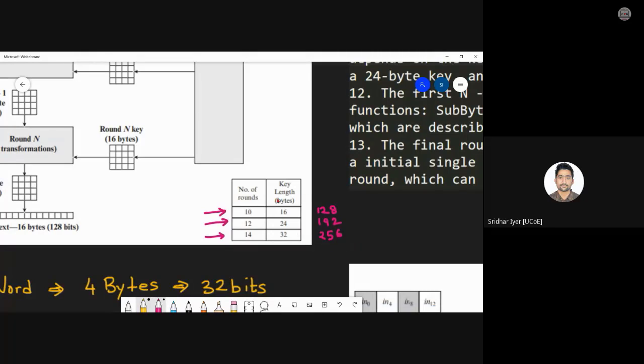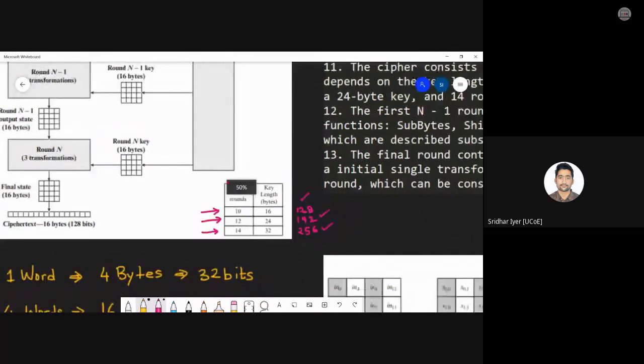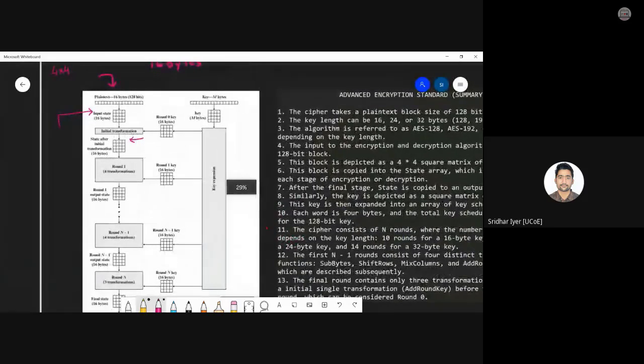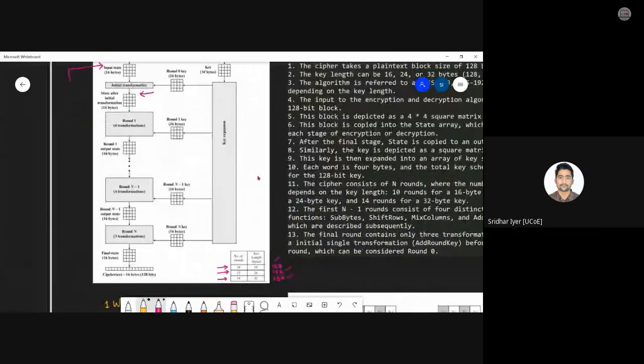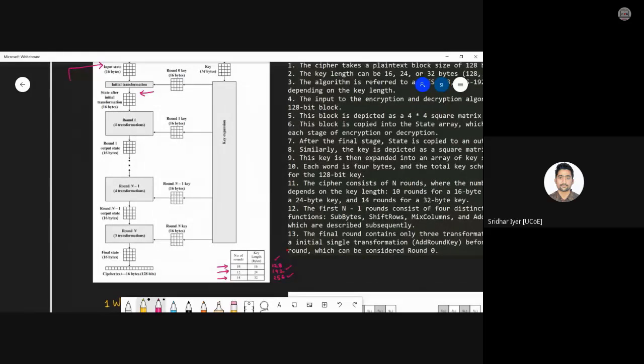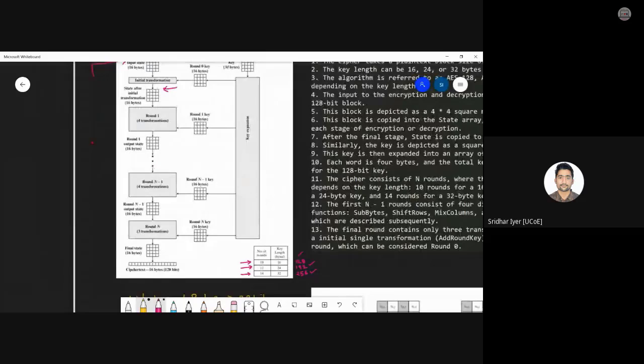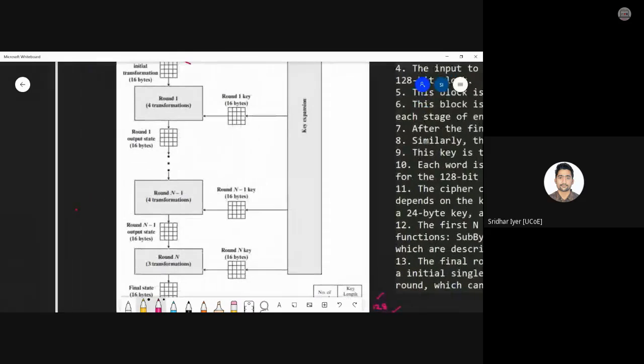So depending upon these key sizes, we have three variants of AES: AES 128, AES 192, and AES 256. Am I clear till here? We are showing only AES 128 here as an example. If I consider the size of the key as 128 bits or 16 bytes, then it would range from round number 1 to round number 10. Am I clear? It will have 10 rounds.